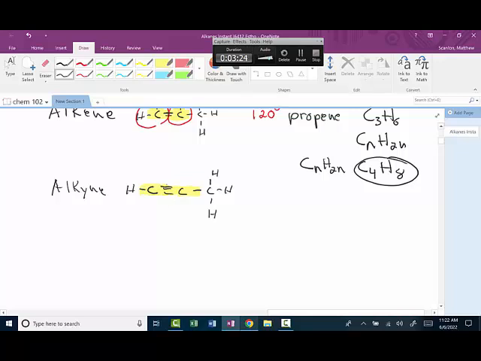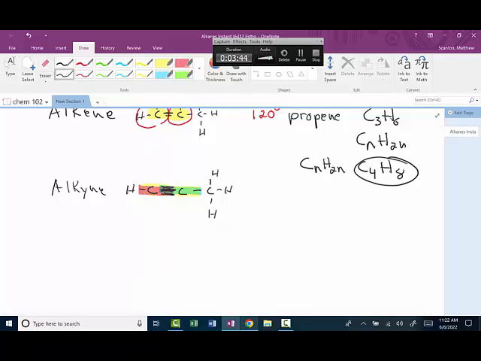And that gives me 1, 2, 3, 4. Boy, those are crappy bonds. There we go. 3 bonds in here, and each carbon will have a 4th bond. So we have 3 here, and we have 3 here. This is called an alkyne.